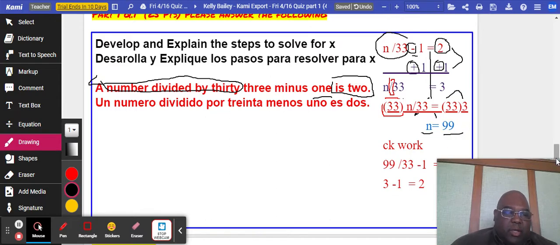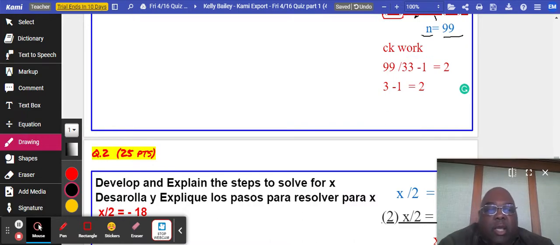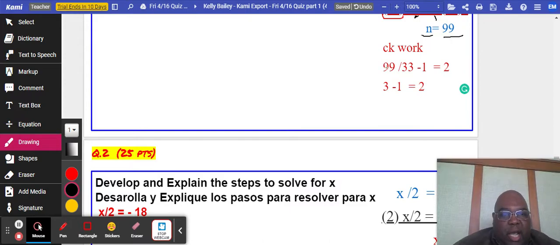Now we're going to take it one more step. We're going to check our work to make sure that makes sense. So what is 99 divided by 33? Well, that gives me 3. And if I subtract 1 from 3, that should give me 2.